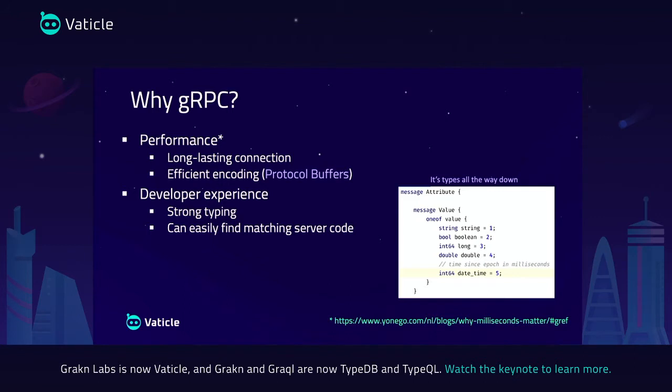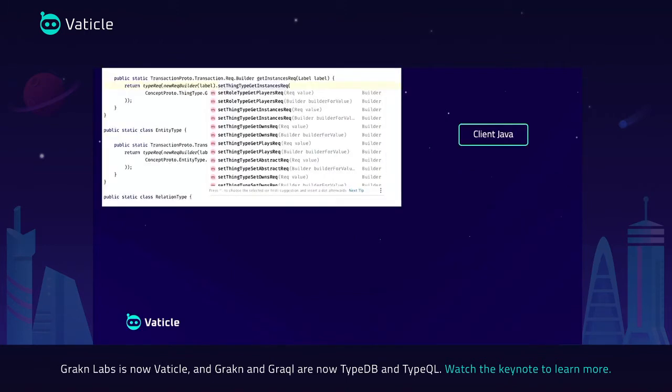Another nice thing is, and this is particularly useful for debugging, given any client call, you can pretty easily find the matching code on the server. Here's an example. In client Java, in the method getInstancesRec, we here have code completion offering us all of the protocol field names to pick from.